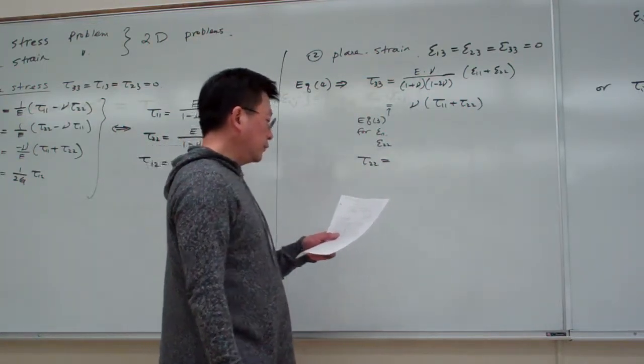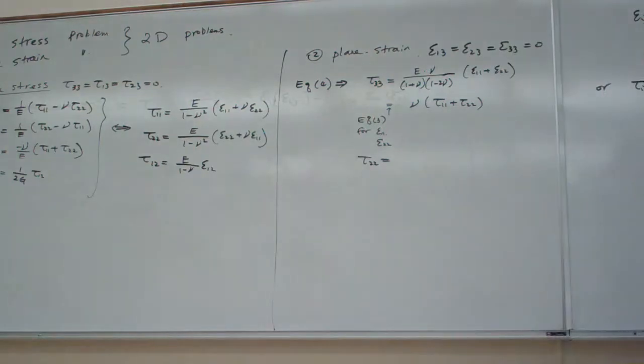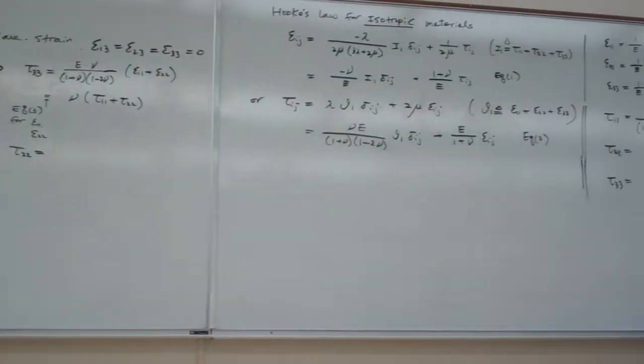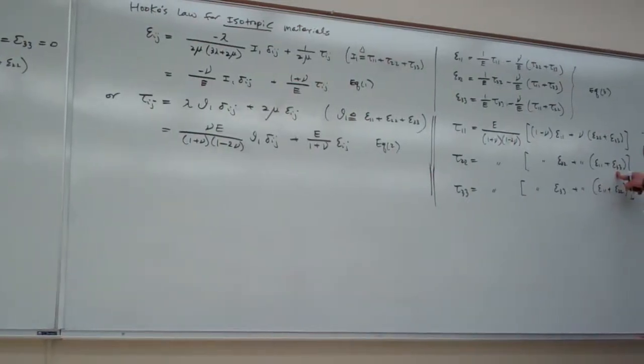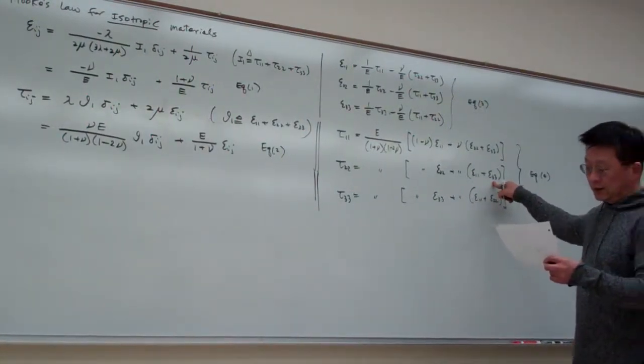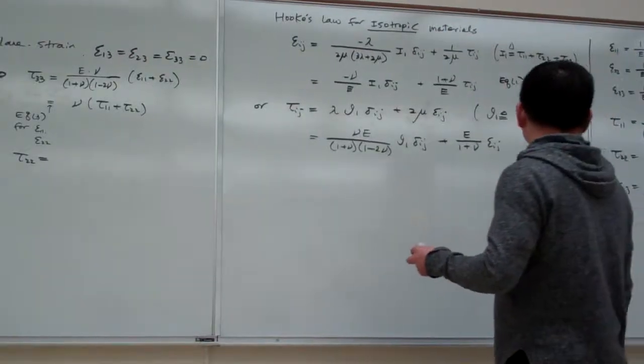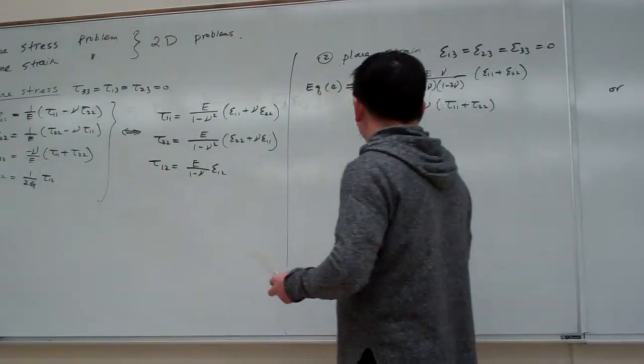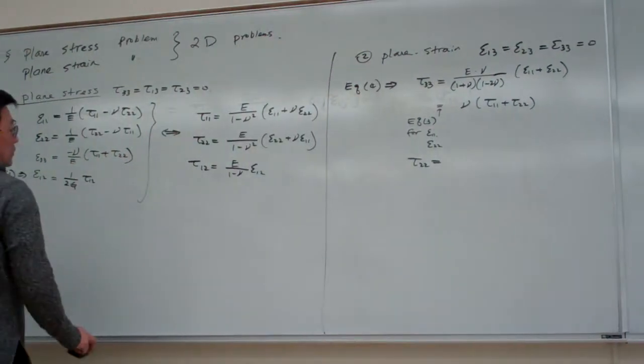Then tau 22 will be equal to, again, knock out this one. What is the best way to do this?